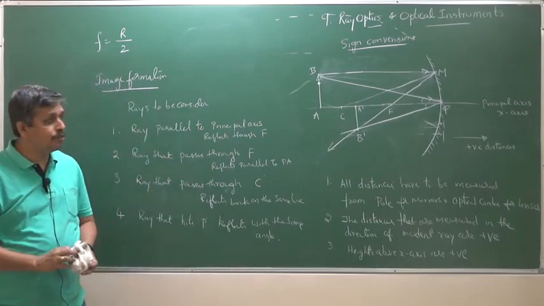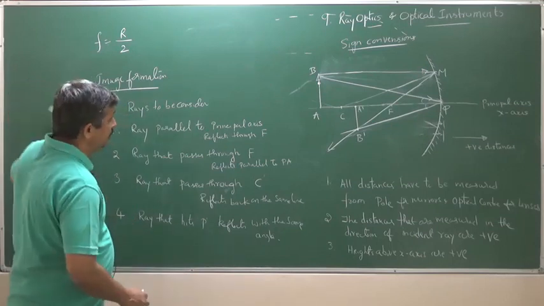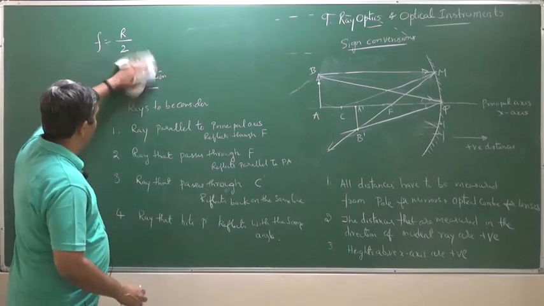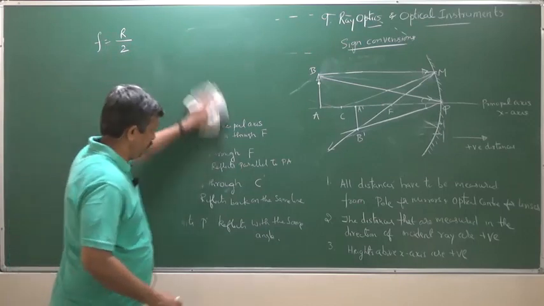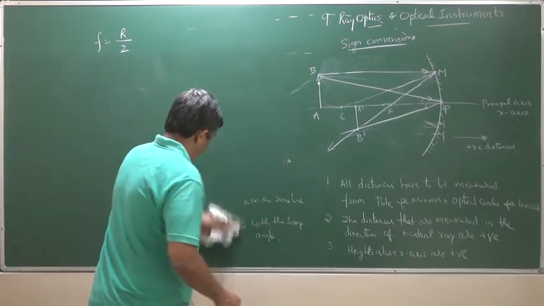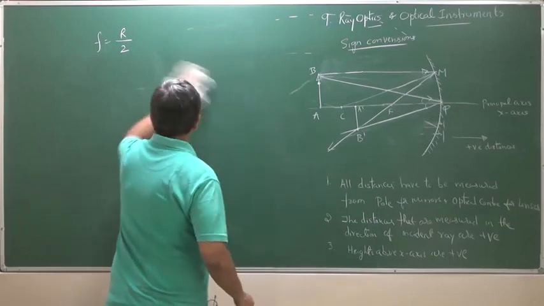What I am going to do now is use this picture to prove F is equal to R by 2. You don't need that elaborate a picture, but yes, you can do it using that too.